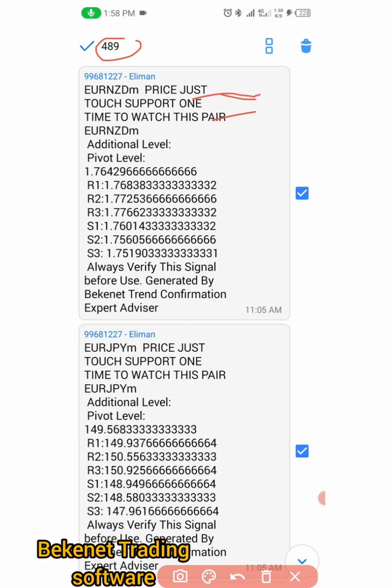Simple as ABCD. If you want to use this, I don't train people. Go to any of these professionals that train. Just tell them to train you on resistance and support. Resistance and support is just where price has consolidated before, is about to break and drop and all that.